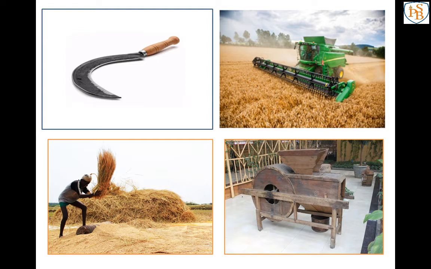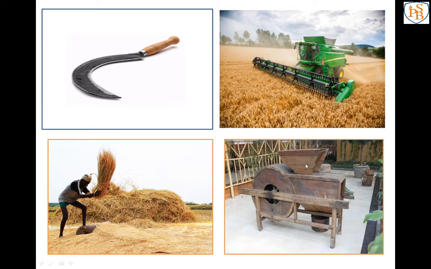Again, for the threshing process we can use a machine, a modern technique. Threshing means we put the crop on a rod for the removal of the grains from the harvested crop.